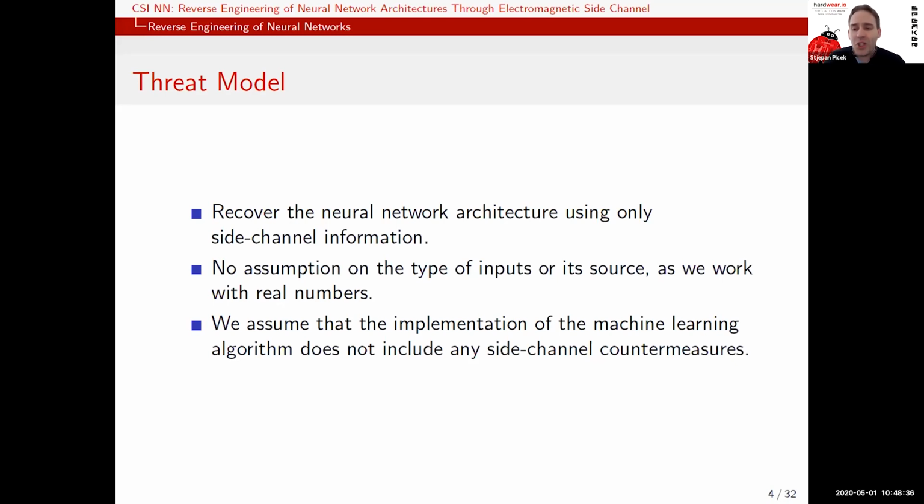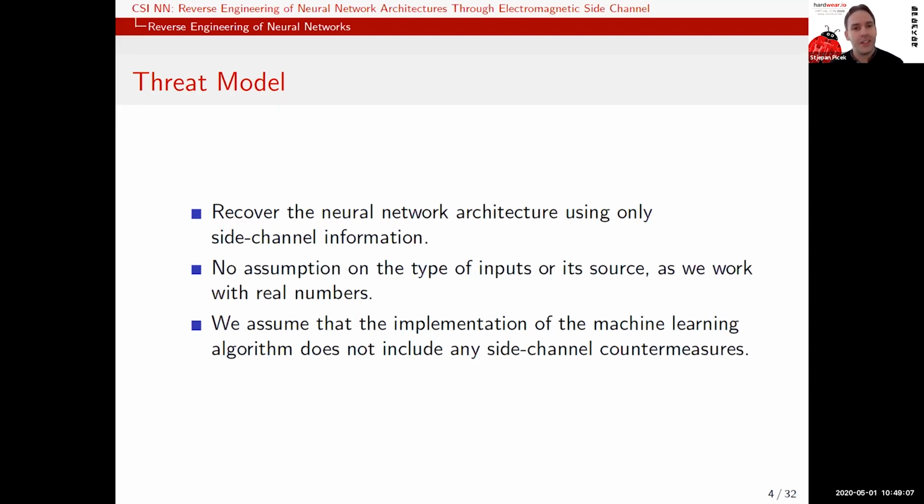The main assumption we do make is that the implementation of machine learning algorithms does not include any side channel countermeasures. Now one can say, wait, this is a huge assumption. But currently it's actually not, because in real world applications of machine learning, as far as I know, basically no one is protected against side channels.